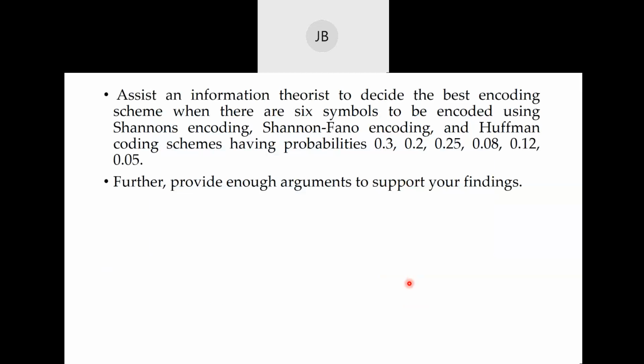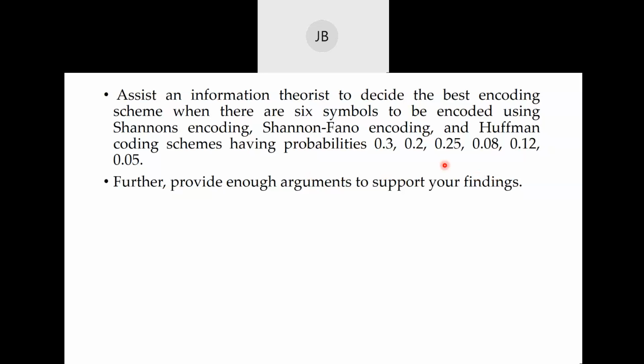And then the next question: assist an information theorist to decide the best encoding scheme when there are 6 symbols to be encoded using Shannon's encoding, Shannon-Fano encoding, and Huffman encoding schemes. The probabilities of those 6 symbols are given here. And then further provide enough arguments to support your findings.